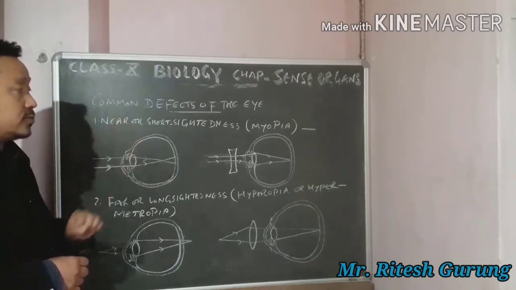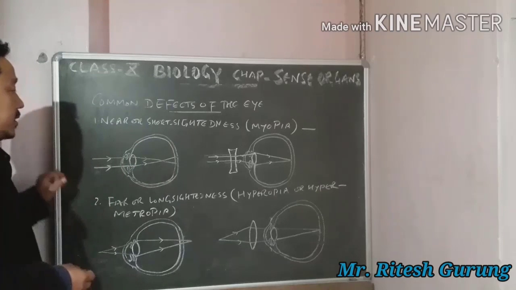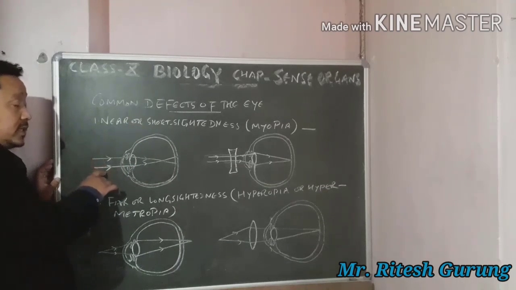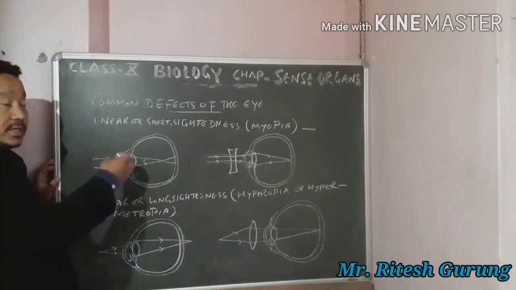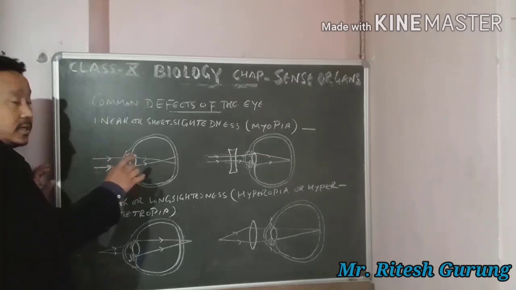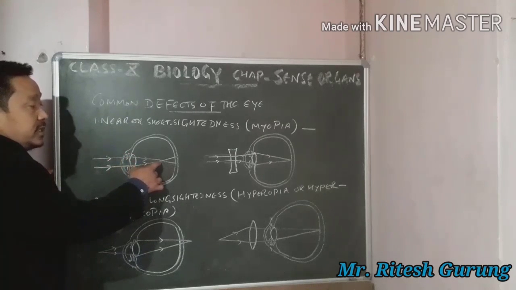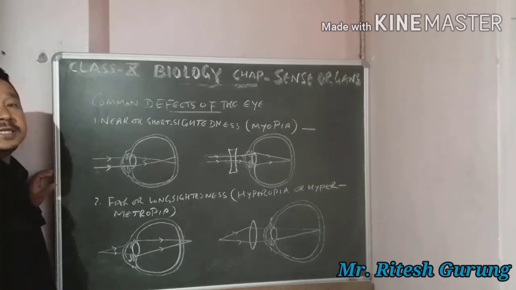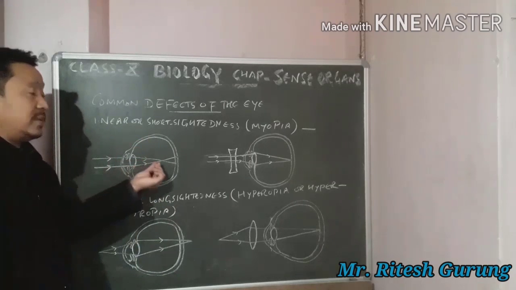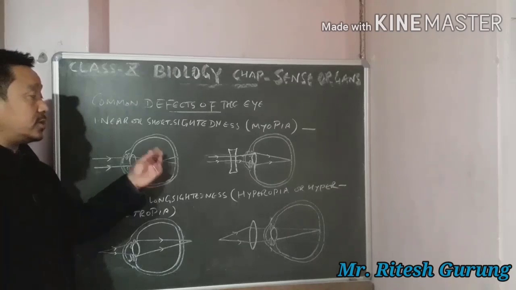In this case, the light rays coming from the object make an image in front of the retina, not on the retina.